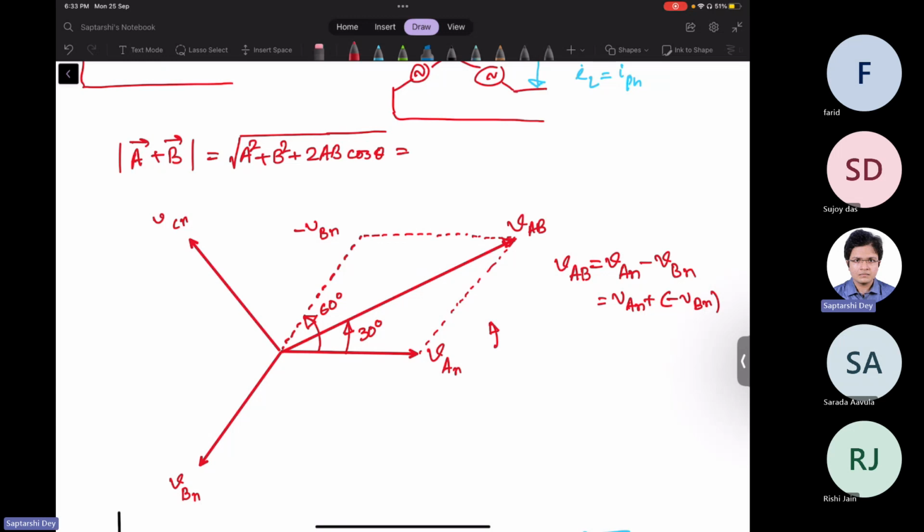So in this case, both of them have the same magnitude, V, right? So V squared plus V squared plus 2 times V times V times cos 120 degree. Their angle was 120 degree. Now, what is cos 120 degree?